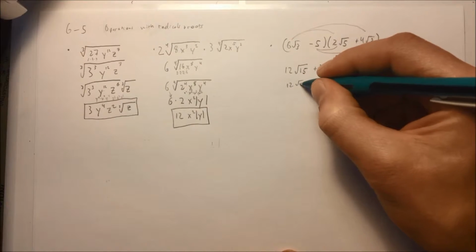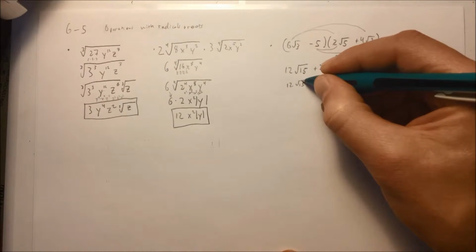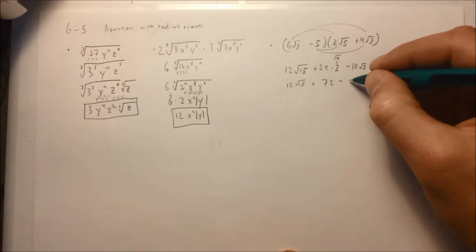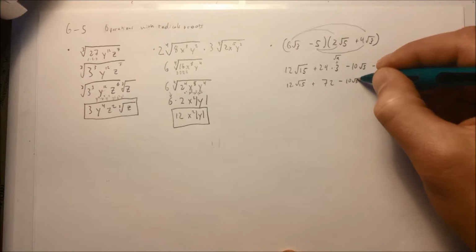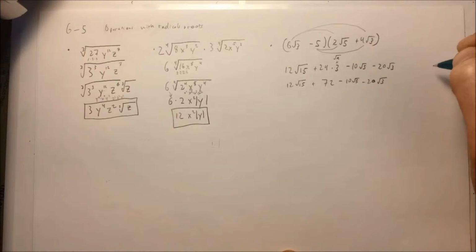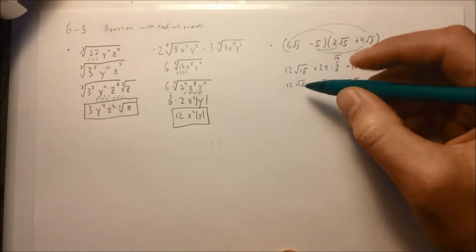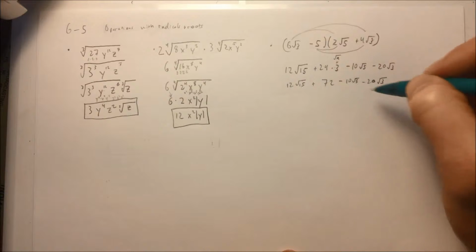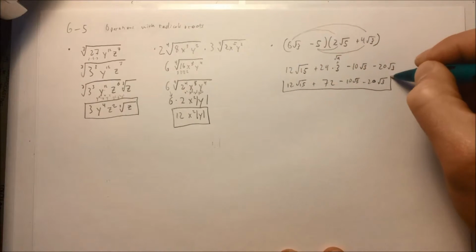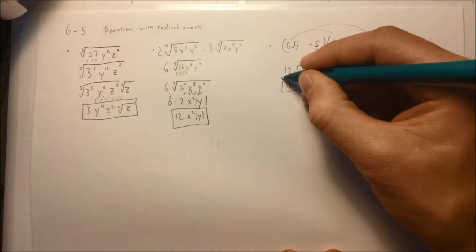This is 12 square root of 15. Can't break that down at all. This is 10 times the square root of 5. Can't break down 5. 20 square root of 3, and I can't break that down. This breaks down to 3 and 5, but no squares to simplify there. As long and as ugly as it is, that is my answer.